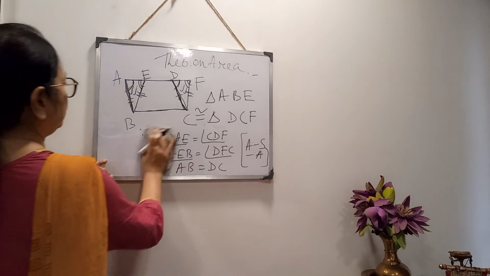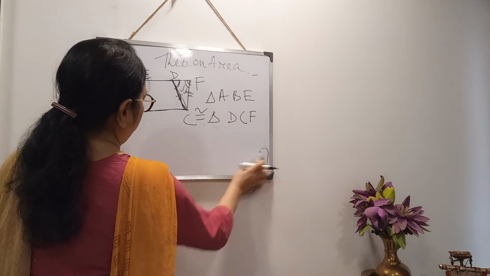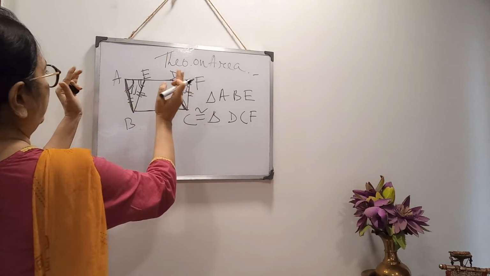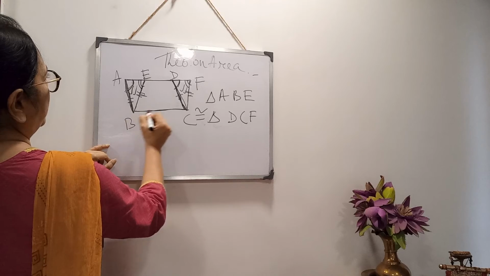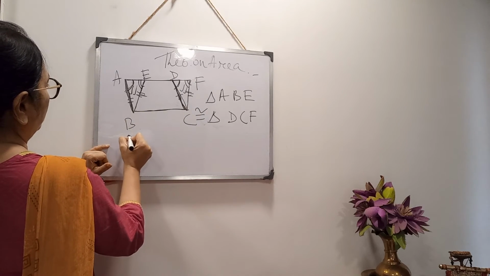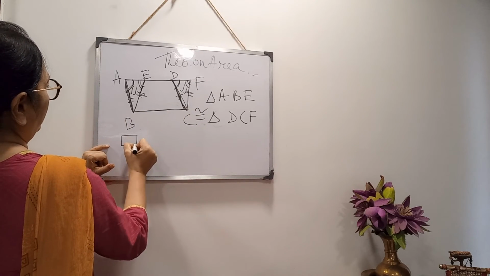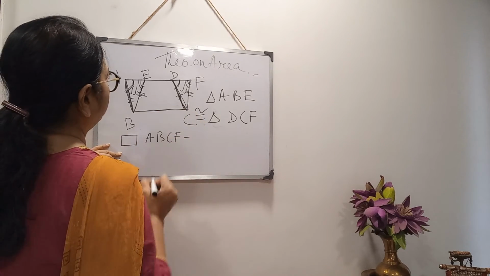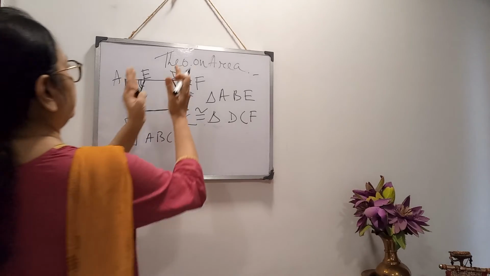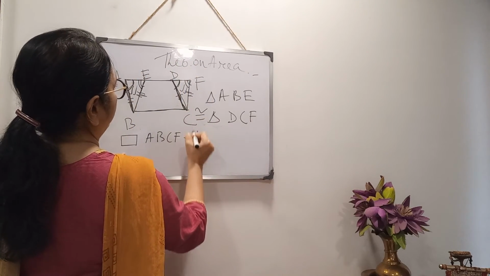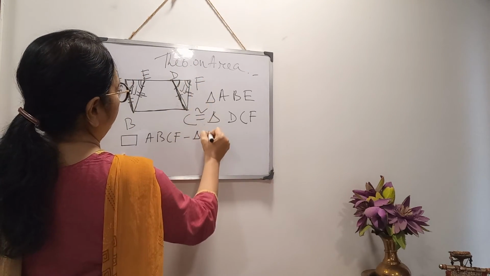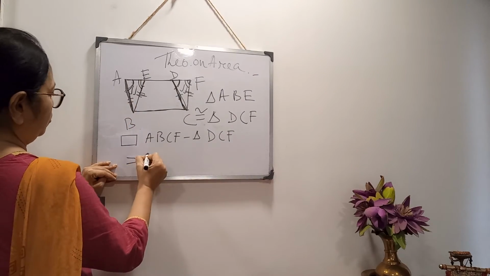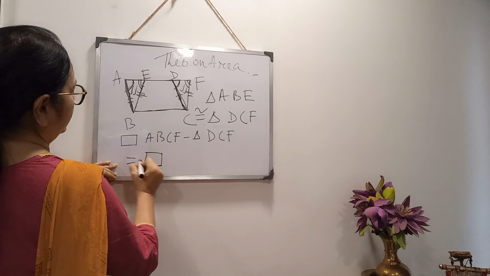Then what is my next part? Then I'll take the whole quadrilateral ABCF. From there, I will subtract the area of triangle DCF, equals, I will explain why I am writing this.